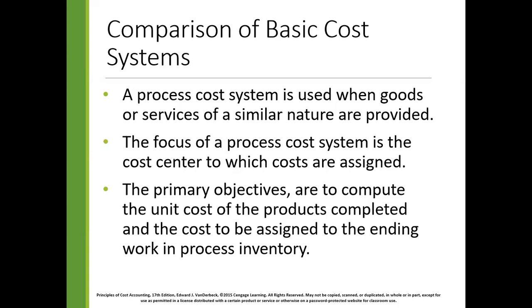Now take note that in job order cost system, the focus is the job, whereas in a process cost system, the focus is the cost center to which costs are assigned. The primary objectives are to compute the unit cost of the products completed and the cost to be assigned to the ending work in process inventory.